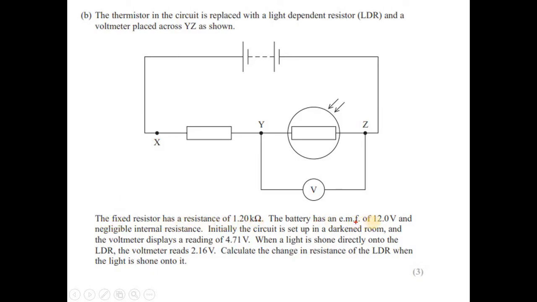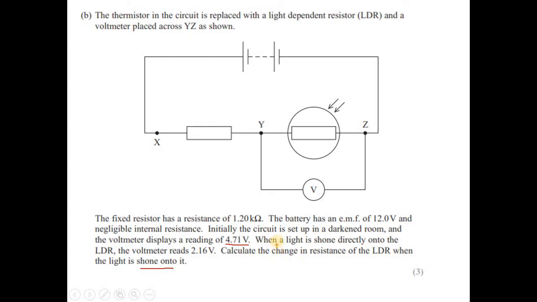The battery has an EMF of 12 volt and negligible internal resistance. Initially, the circuit is set up in a darkened room and the voltmeter displays a reading of 4.17 volt. When light is shone directly onto the LDR, the voltmeter reads 2.16 volt. Calculate the change in resistance of the LDR when the light is shone onto it.